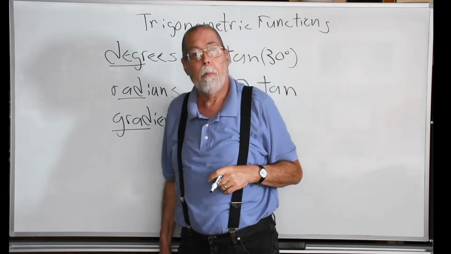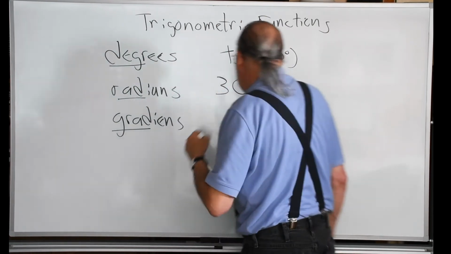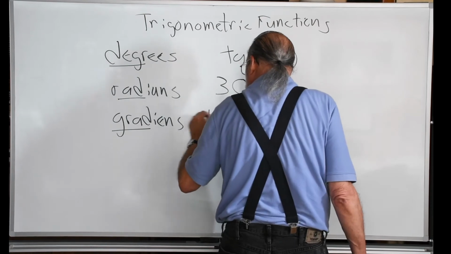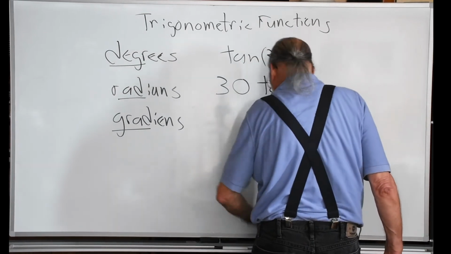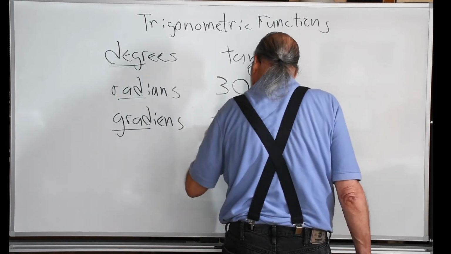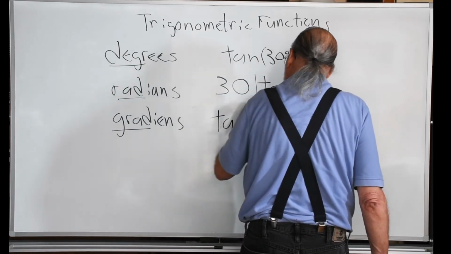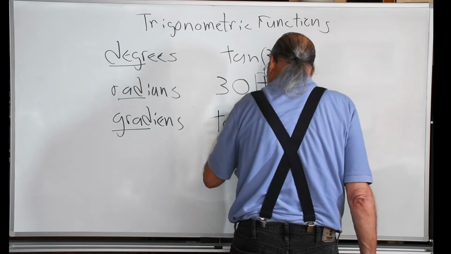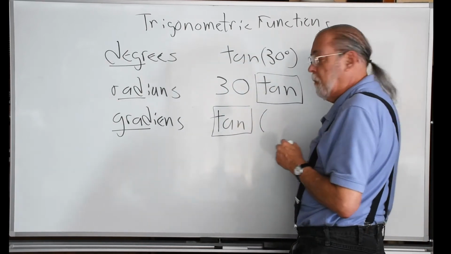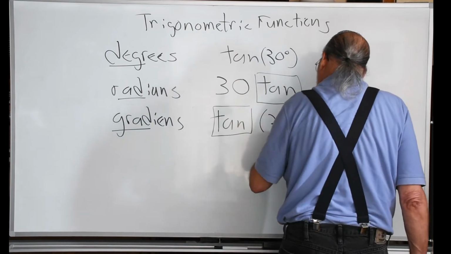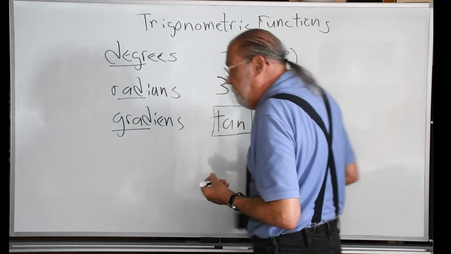Boom. On some of them, you might have to push tan first. In other ones, you put the tan button first and a parenthesis will come up. And then you put in the 30 and an equal sign and it finishes.